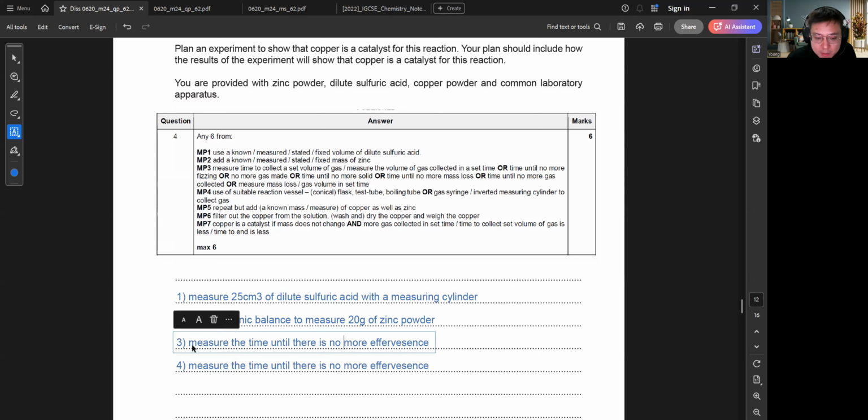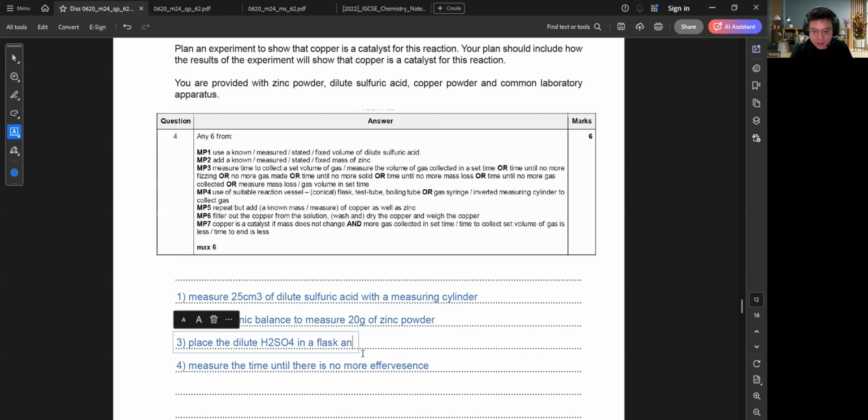Wait, one moment, before we even measure anything, we say place the dilute H2SO4 in a flask, which is where our chemical reaction will happen first. All right, test tube, or it can be a beaker. If you can see here, as long as it's any suitable reaction vessel, conical flask, test tube, any of it.